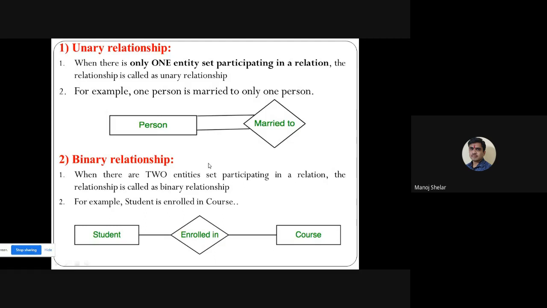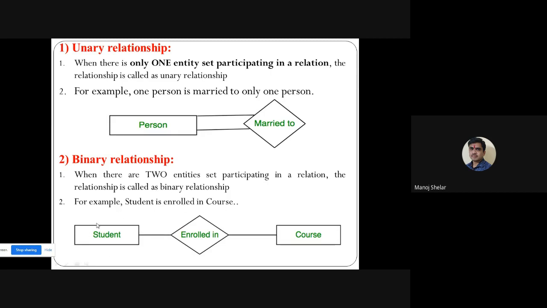Okay, the second one is the binary relationship. In a binary relationship there are two entities and one relationship. When there are two entity sets participating in a relation, the relationship is called a binary relationship. For example, a student is enrolled in a course.